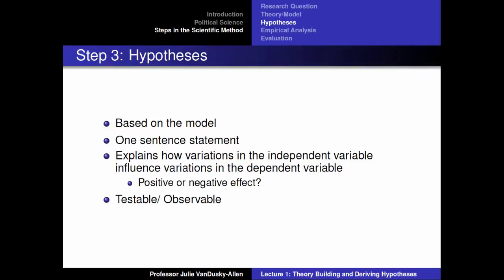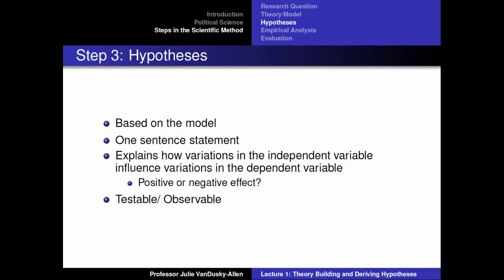The third step in the scientific process is deriving a hypothesis from your theory. A hypothesis is a one-sentence statement that describes how the independent variable influences the dependent variable. It tells us whether the independent variable has a positive or negative effect on the dependent variable. Once again, if the independent variable has a positive effect, then as the independent variable increases, the dependent variable increases as well.